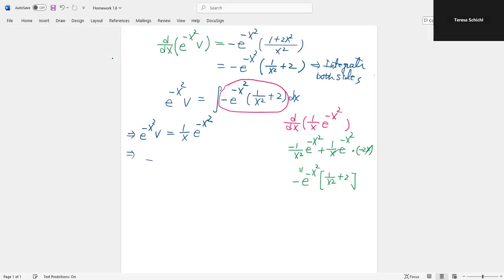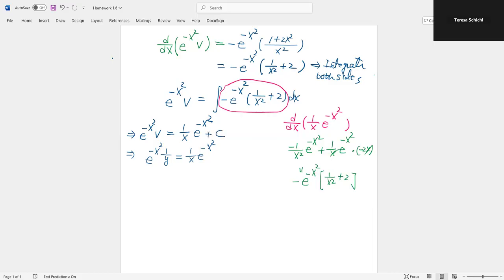So e to the negative x squared over y is equal to 1 over x e to the negative x squared. Of course, here I need a plus c.